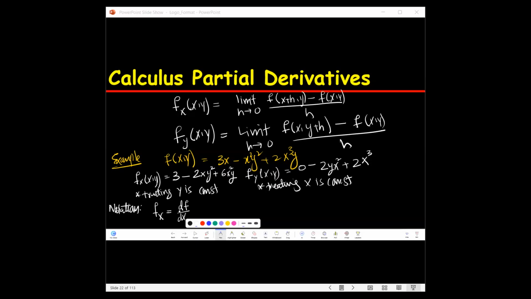But since it is a partial derivative, I cannot call it a derivative like I used to. I have to call it a little bit differently, and the different way of writing is making this symbol. This symbol means the partial derivative of f with respect to x. This is how you write it.